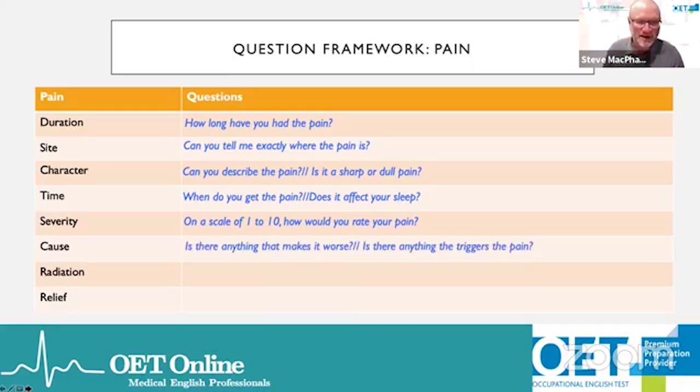And I've got one of my favorites here, beginning with, is there anything? Is there anything that makes it worse? Is there anything that triggers the pain? Is there anything that makes it better? Using that, is there anything, that structure is very effective here. What triggers the pain? Good, Carls.